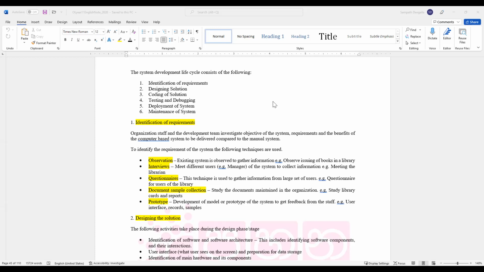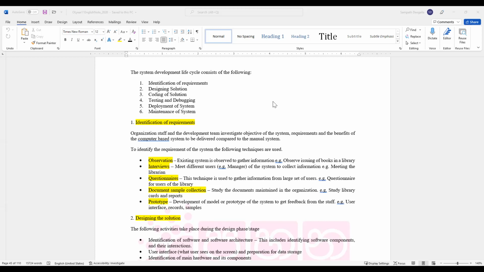Now the question asks who was involved in the implementation part. Implementation means the third part, right? This is coding. So let's look at who did it. Malini is the one who created the software, right?